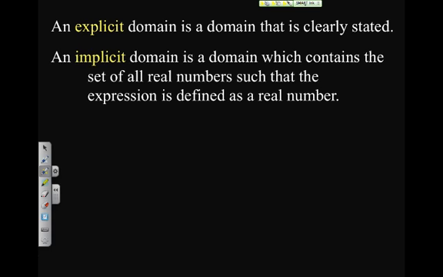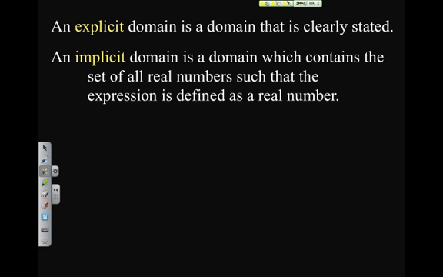An implicit domain is a domain that contains the set of all real numbers such that the expression is defined as a real number. What that means is, for instance, we've talked about some limitations with domain. You can't have a negative inside of a radical, inside of a square root symbol, so we could limit a domain so that that didn't happen, because if we put in a negative in there, we're going to get imaginary numbers.